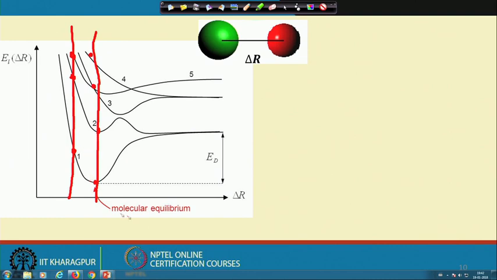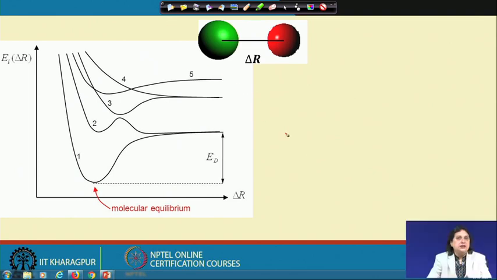So, by varying the delta R value, we can actually explore all the possible energy eigenstates and then construct this big picture where you have the potential energy surface over which the two nuclei move as a function of their internuclear separation.